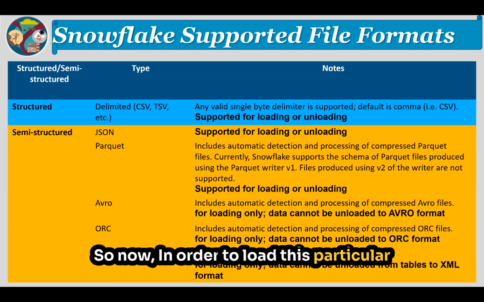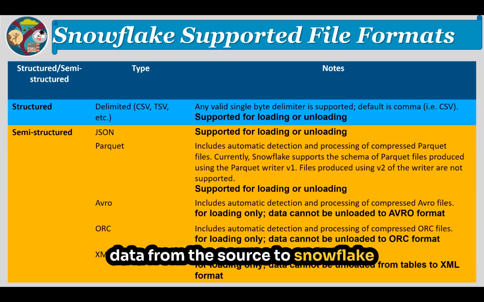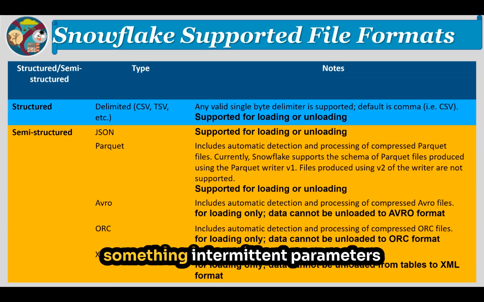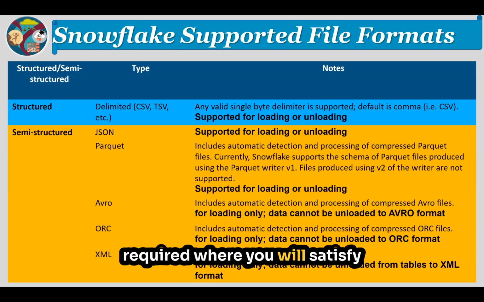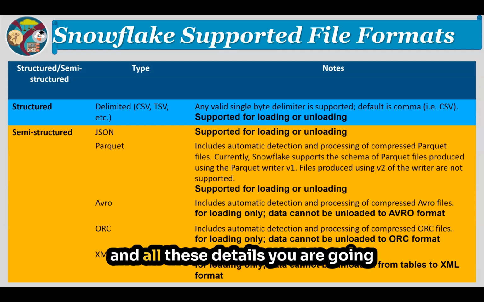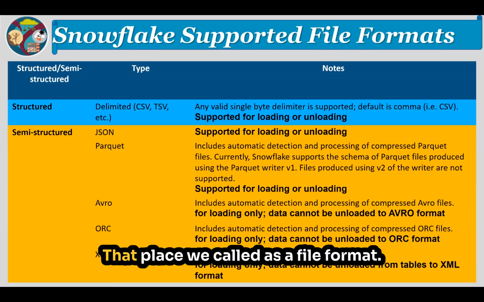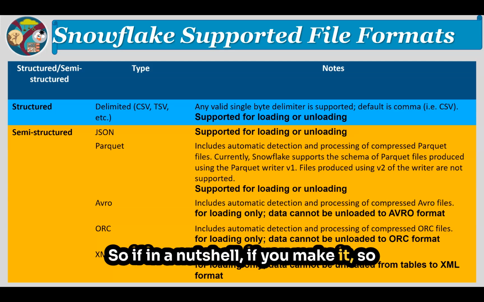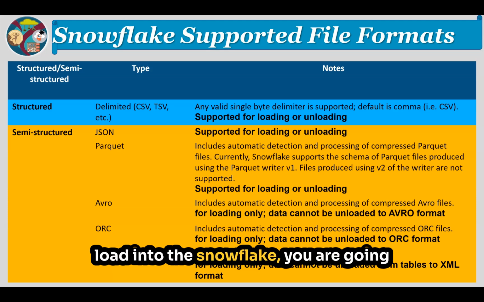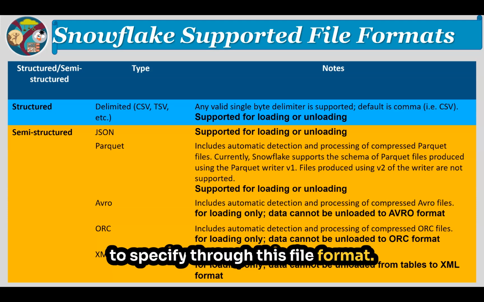In order to load this data from the source to a Snowflake data warehouse table, some intermediate parameters are required, where you specify what kind of data you are loading, what the delimiter is, and what the column separators are. You specify all these details in a particular place, and that place we call a file format. In a nutshell, what kind of data you are going to load into Snowflake, you specify through this file format.